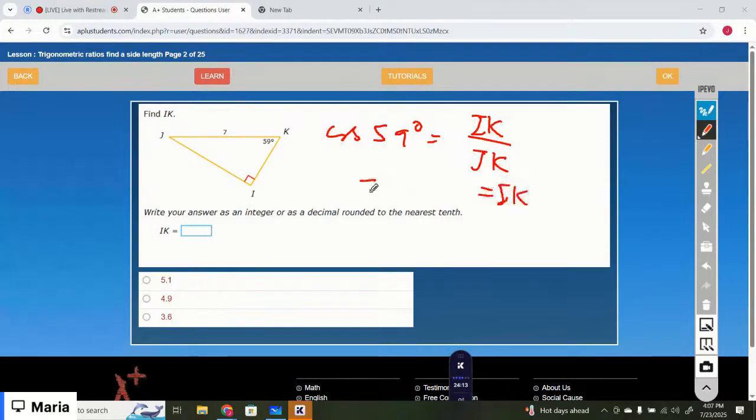IK equals 7 cos 59. So cos 59 is 0.515 times 7. Sorry, cos 59 is 0.515 times 7. That would be 3.6. Option number 3 is the correct option.